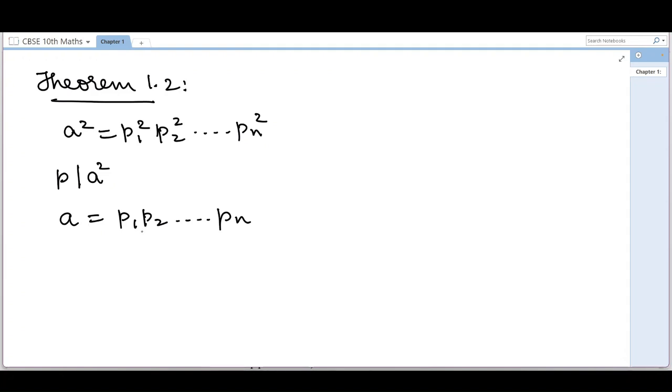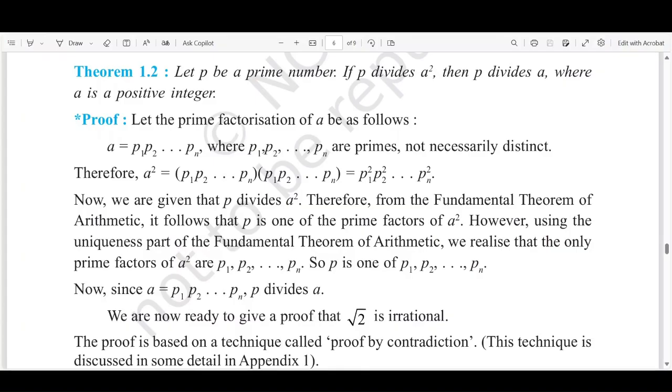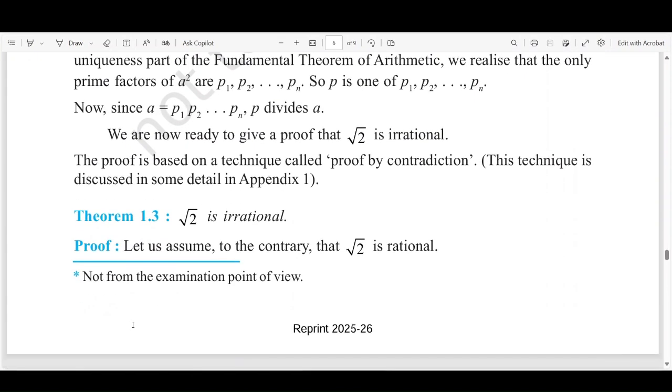So from this we can conclude that p is also one of the factors of a, because p will be nothing but either p1 or p2 or pn. So a can be written as a product of p. So from this we can conclude that p is a divisor of a, that is p divides a. So thus we have proved the theorem.